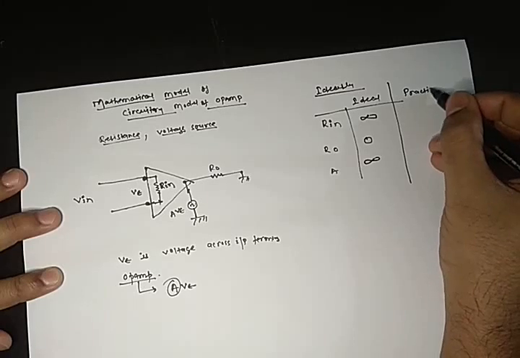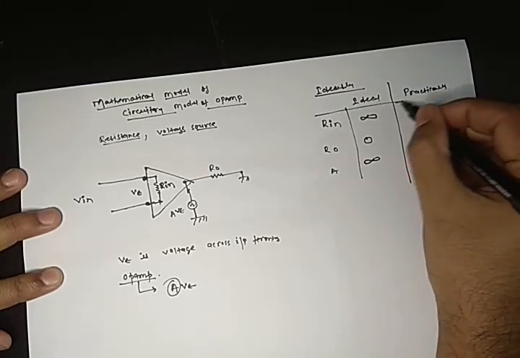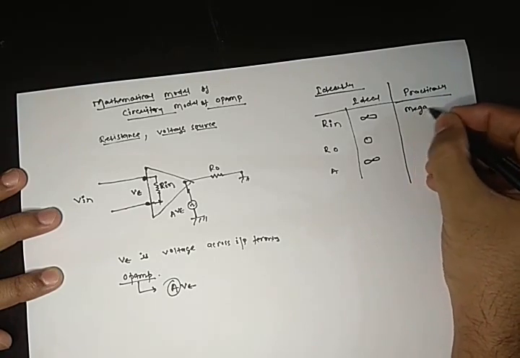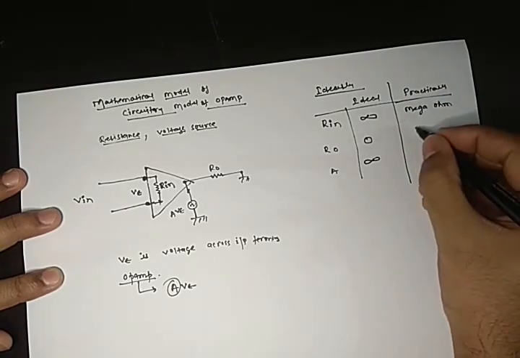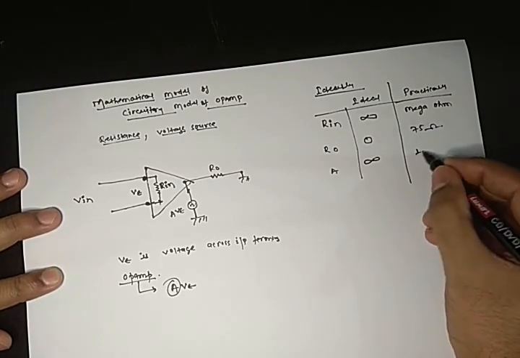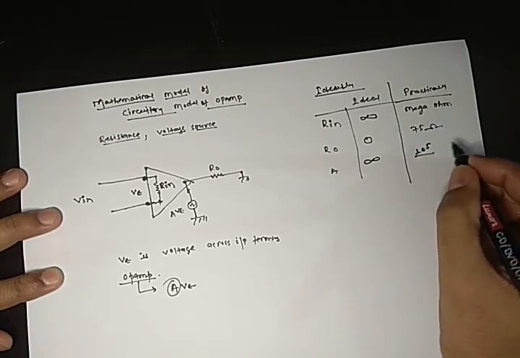Practically it is in mega ohms, it is approximately 75 ohm, and this is 10 to the power 5.